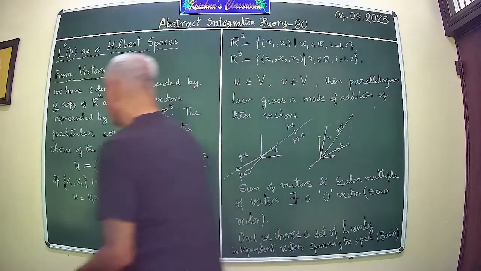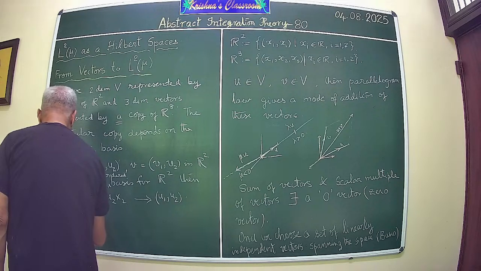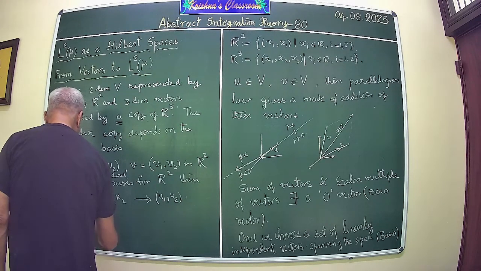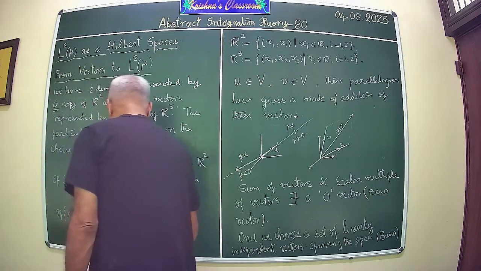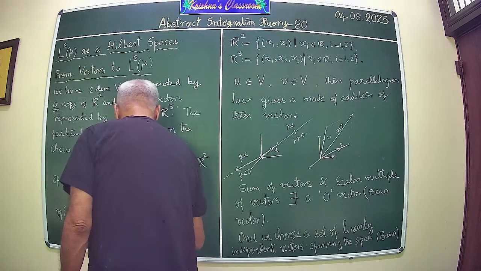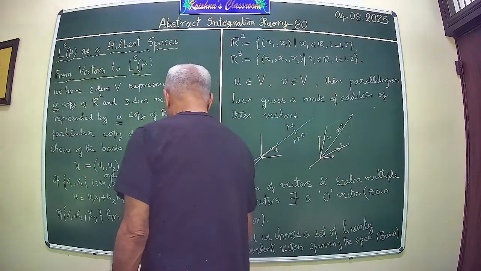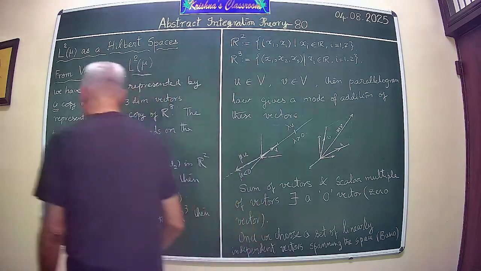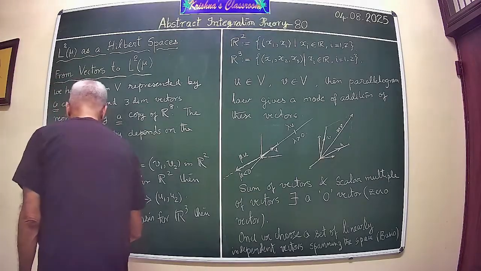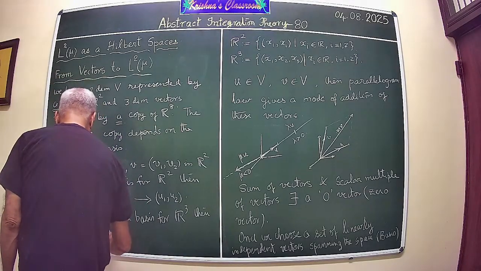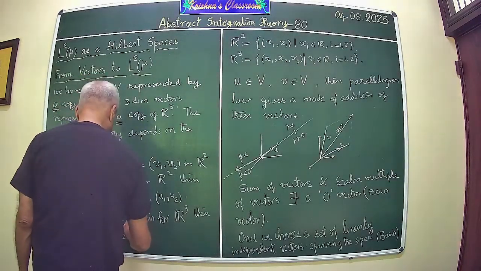Similarly, if we have a basis for R3, then E1, E2, E3 is an ordered basis.